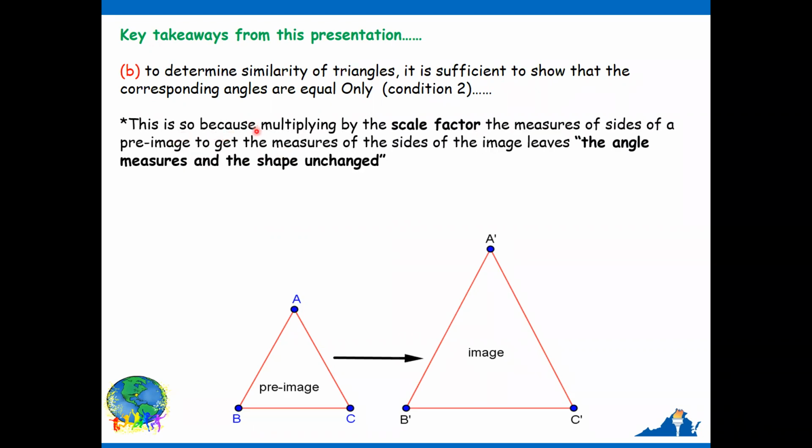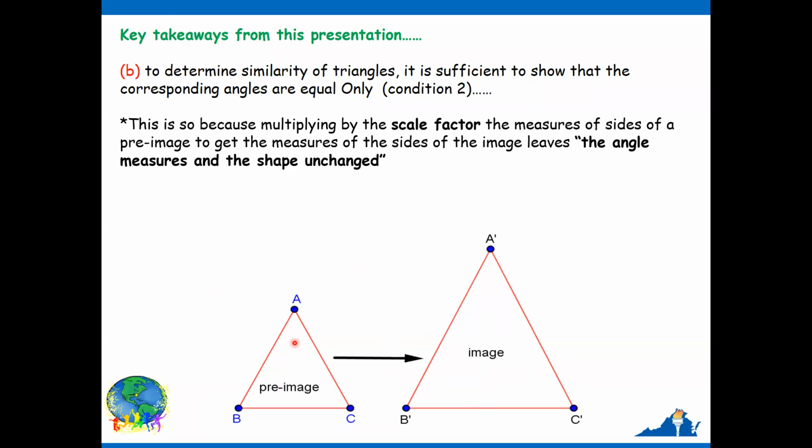This is so because multiplying by the scale factor the measures of the sides of a pre-image to get the measures of the sides of the image leaves the angle measures and the shape unchanged. Right? I think I talked about this when I was referring to the scale factor. Its effect is that it doesn't affect the angles, doesn't affect the shape itself.